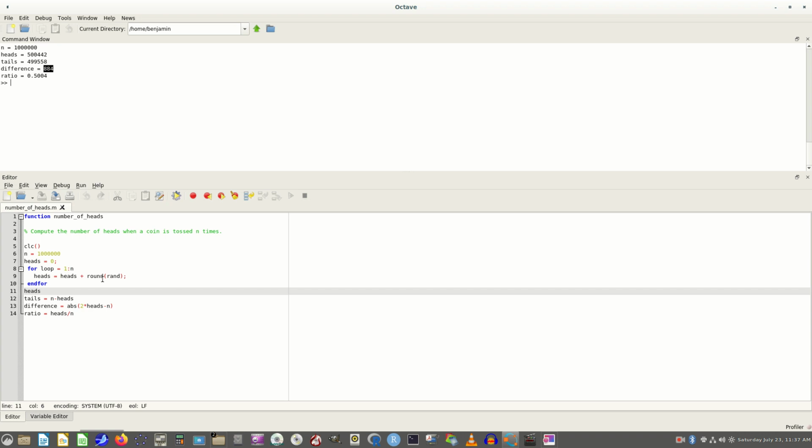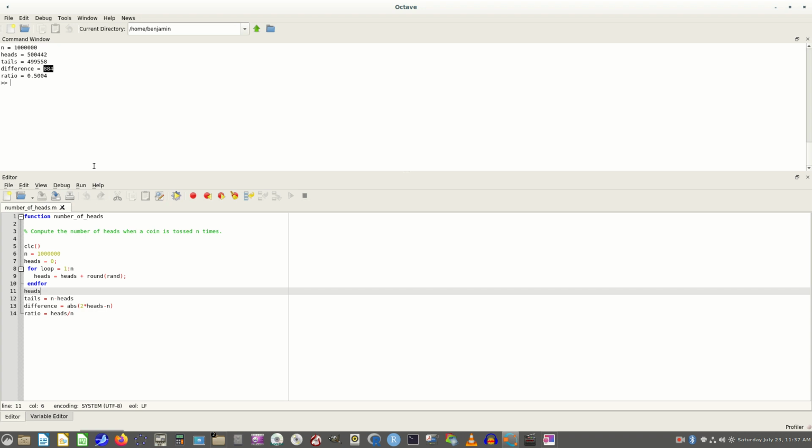You can't write something like this in mathematics. This is computer code. It's basically saying that heads becomes the previous number of heads plus whether we added a new head in that round or not. Then we end that, and then these last things just give us the feedback. The number of heads, the number of tails is whatever's left. The difference is that difference in the number of heads and tails, and then the ratio as it approaches 50%.